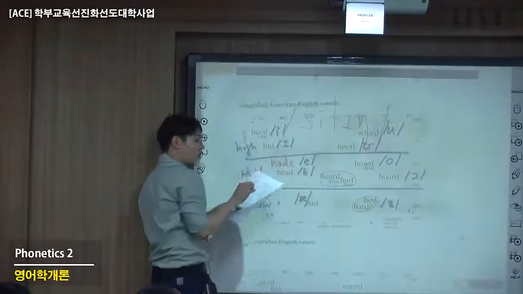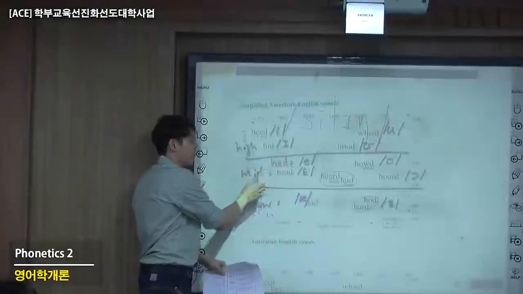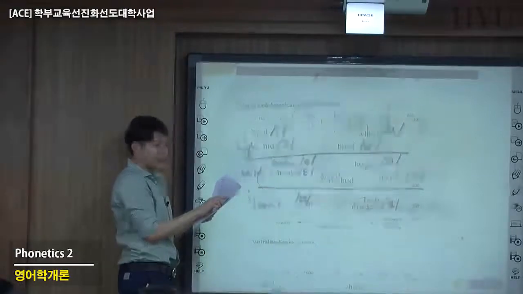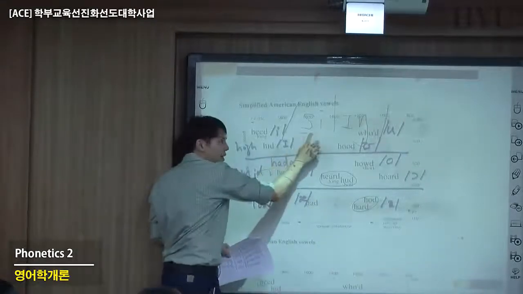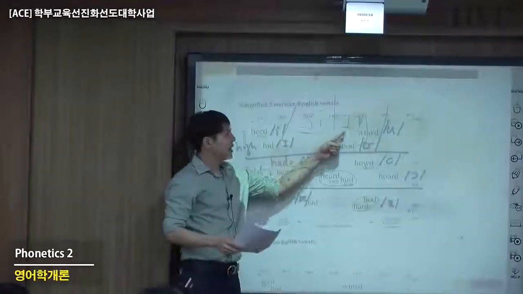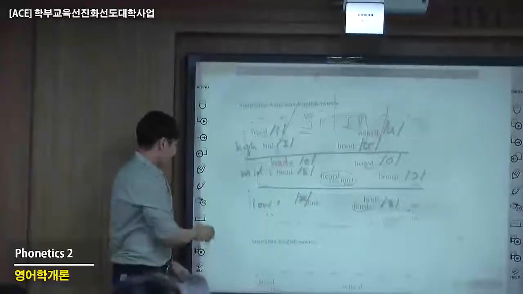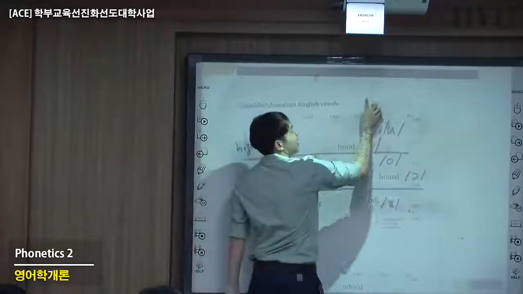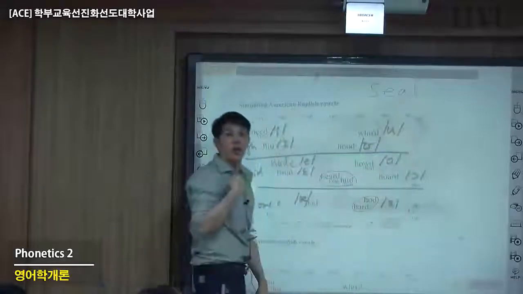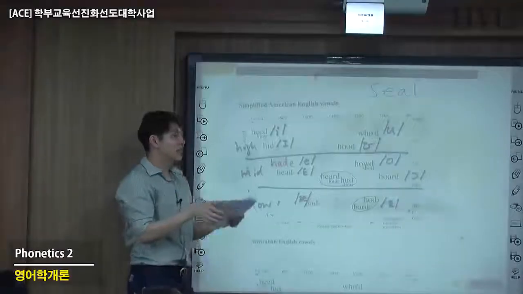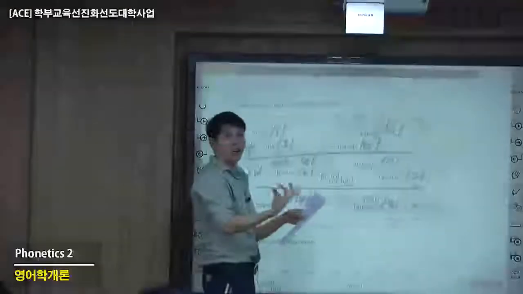So we don't use the C. There's no C in the IPA system, right? Because we pronounce it as ceiling, so it has to be S, right? Just like this word, S-E-A-L, seal, which means to close, if it's a verb. To seal with a kiss, like that, right? Seal a letter, right?